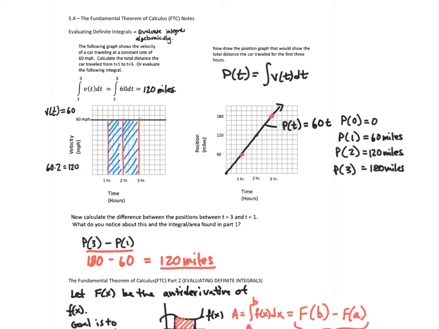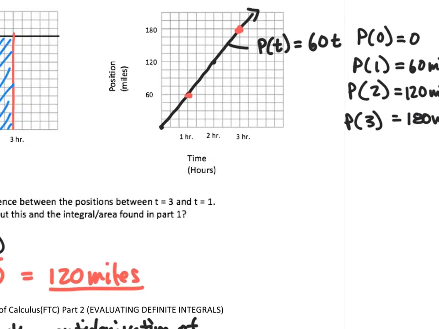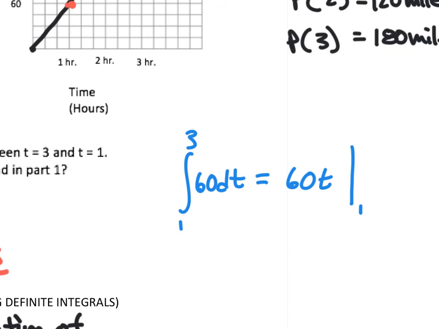Just to reiterate with the example: if we evaluate the integral between 1 and 3 of 60 dt, then we take our antiderivative, which is 60t, and evaluate it at 1 and 3.